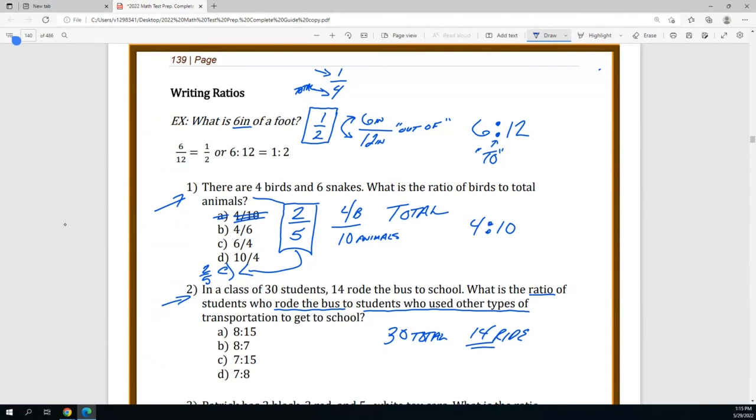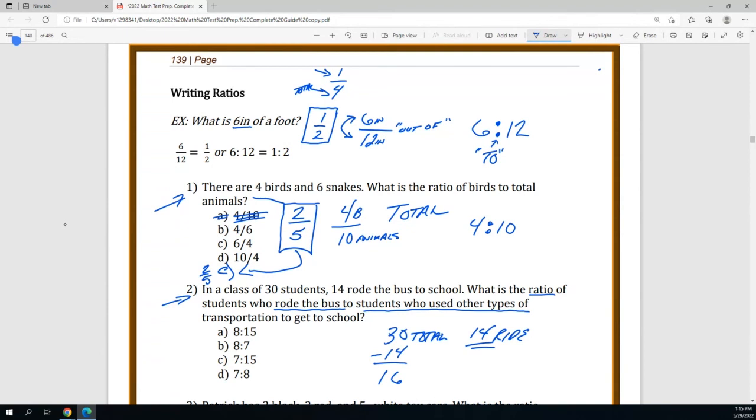Well, if you'll notice, there are 30 students. And if only 14 ride the bus, well, there are others who do something else. How many are there? Well, let's find out. Let's take the 14 away from the 30, and that's going to give us 16.